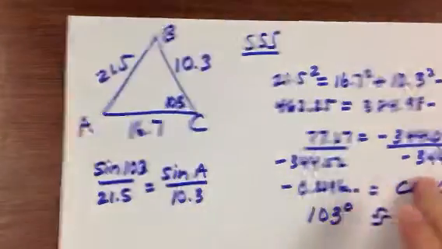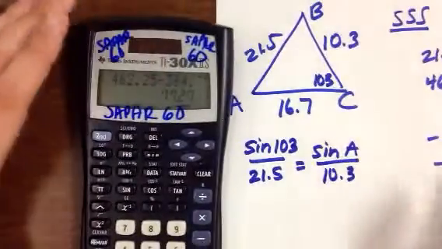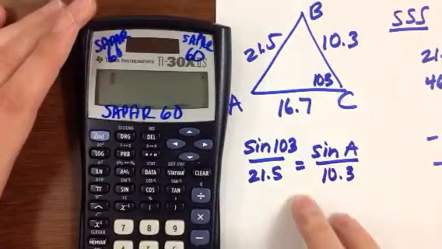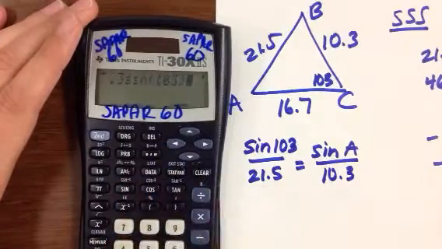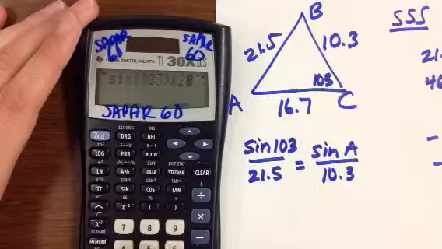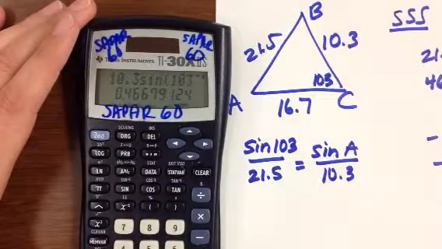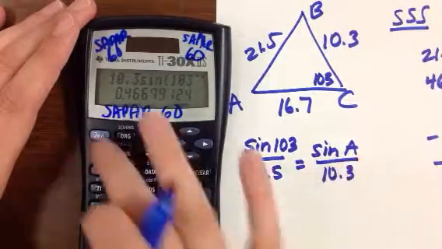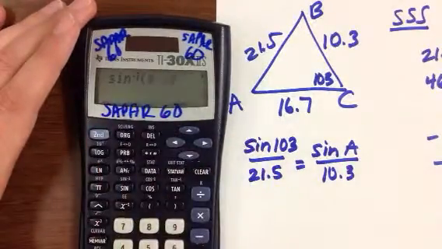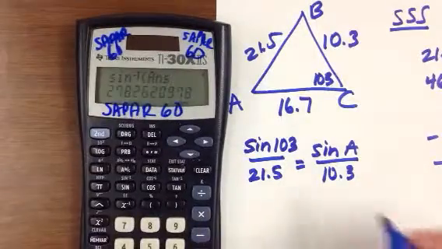If I solve this, we have 10.3 times the sine of 103 divided by 21.5, which gives me 0.46679, but I want the angle, so I need to take the inverse sine of that answer.